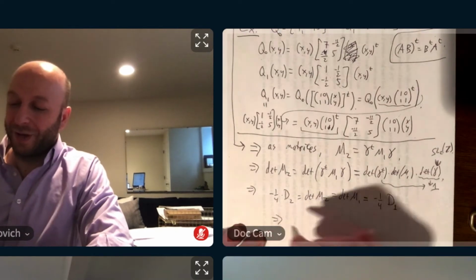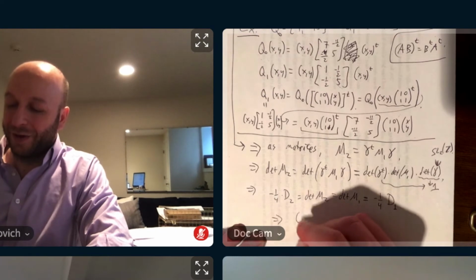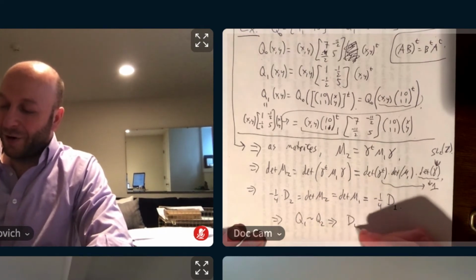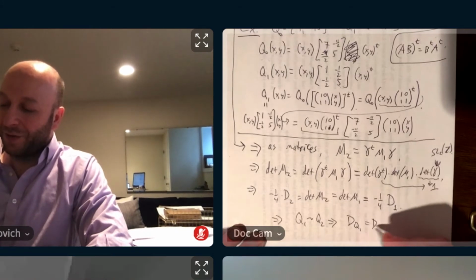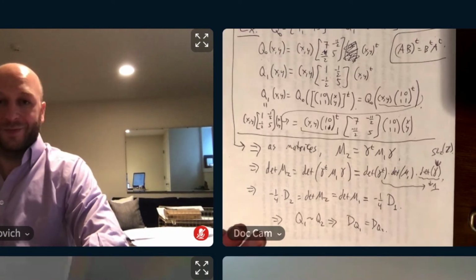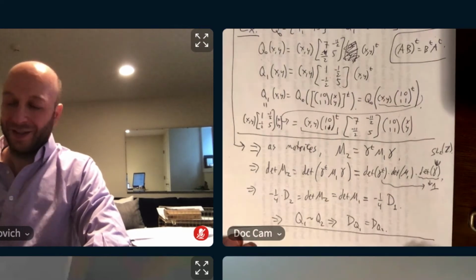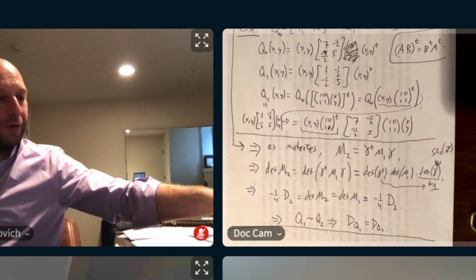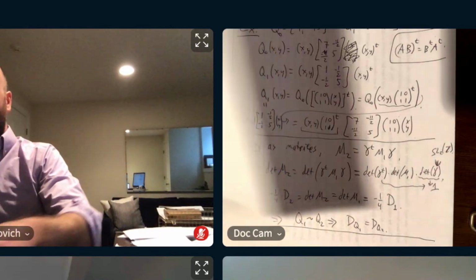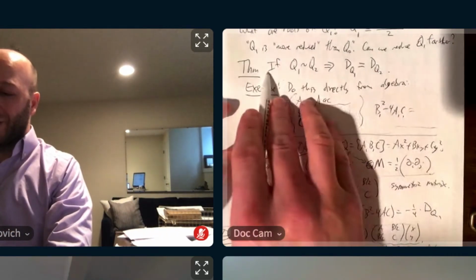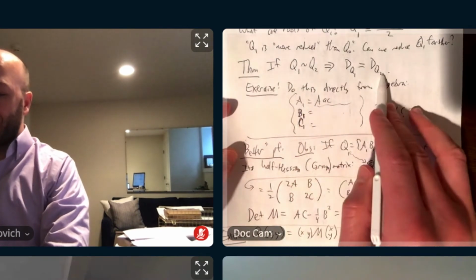So Q1 equivalent to Q2 implies the discriminant of Q1 is equal to the discriminant of Q2. Which was the theorem we were trying to prove way up here.